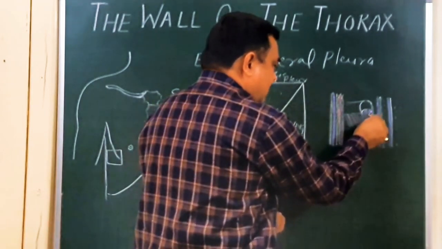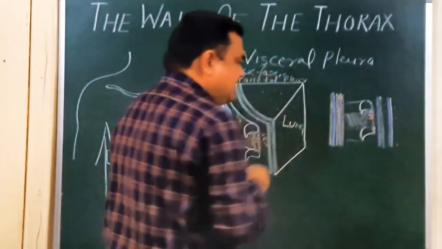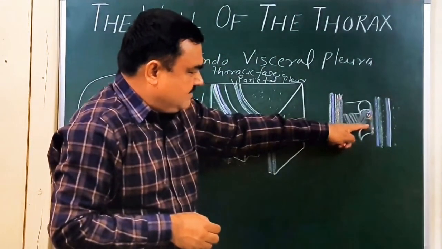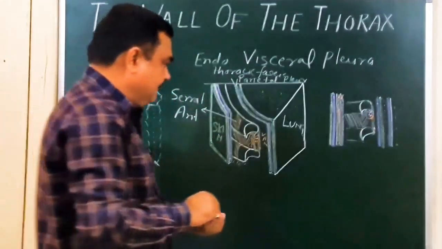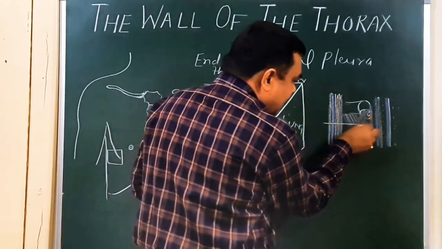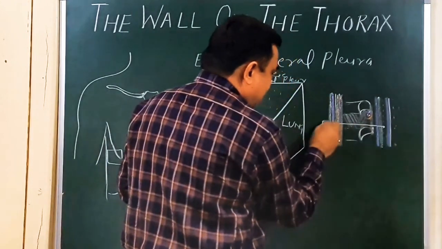This neurovascular bundle lies in the upper part of the intercostal space. The lower part of the space is completely safe. So the needle is inserted from here to this part.